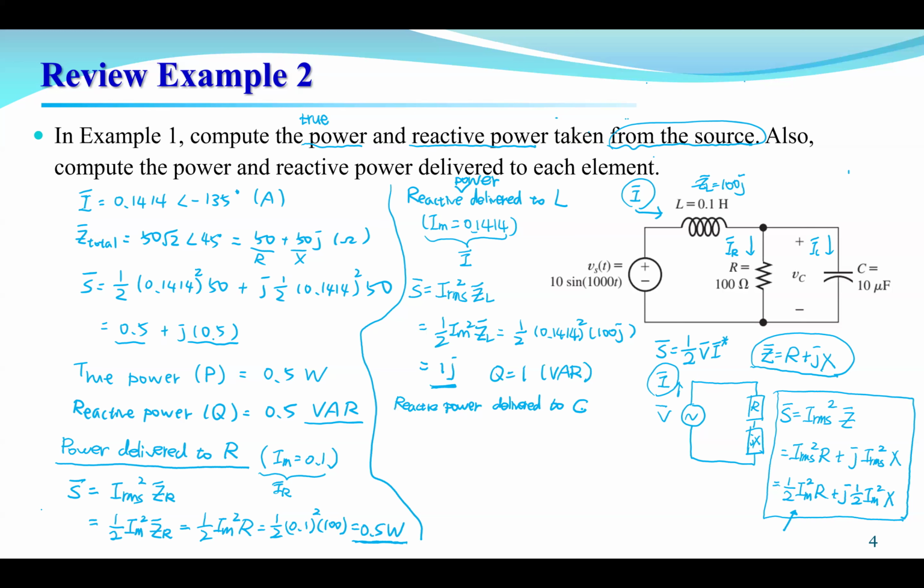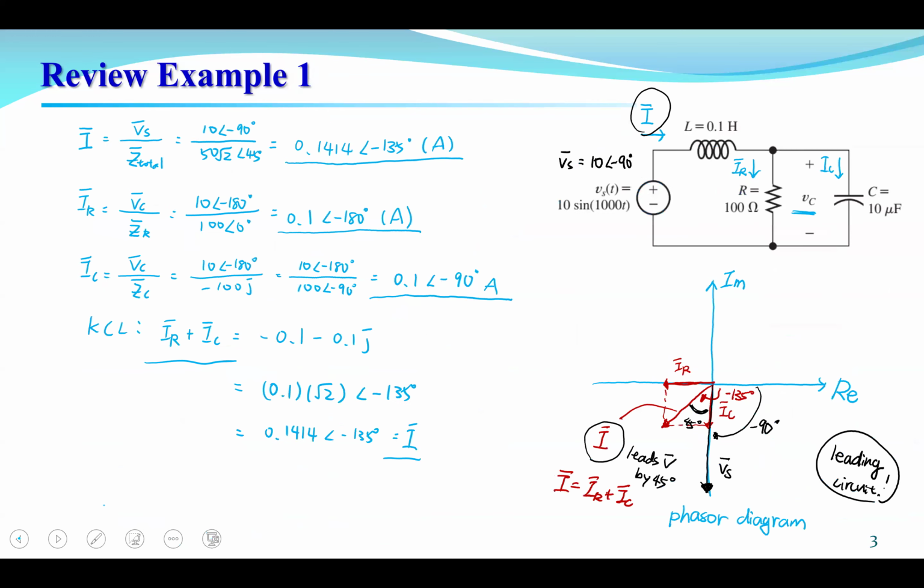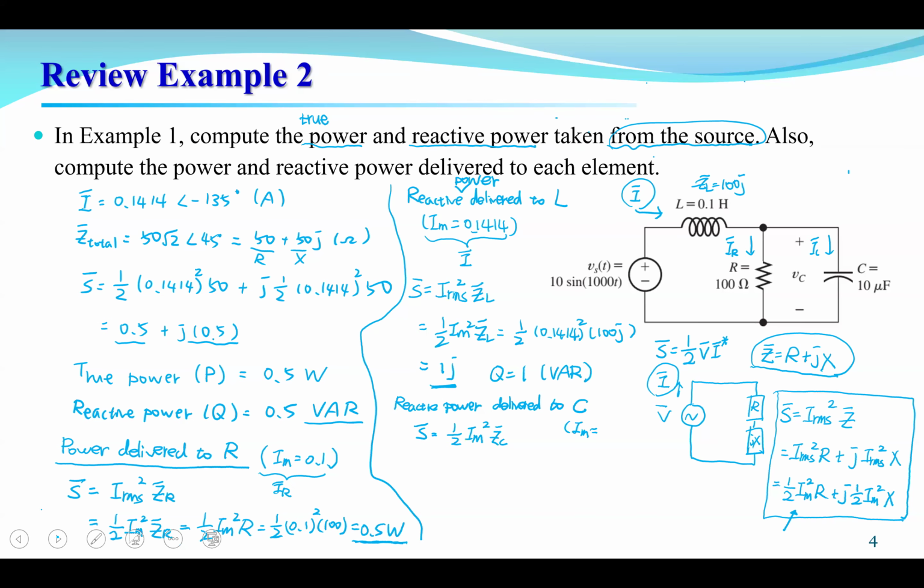Same thing here: S equals, I just write the formula that we use directly, 1 over 2 I_m squared Z_C. Right now we need to look at I_C. The amplitude of I_C is 0.1.